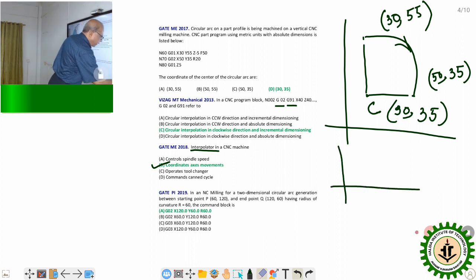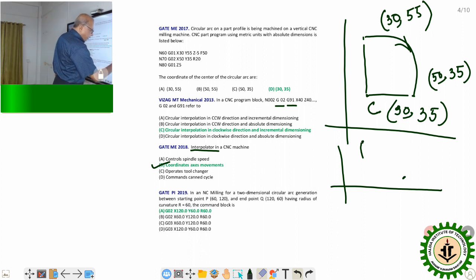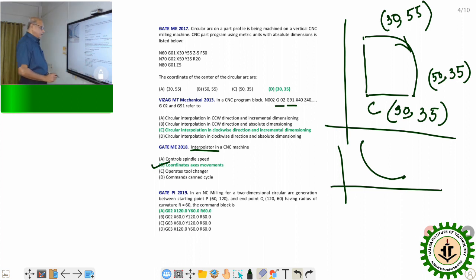So if you do once again, 60 120 will be somewhere here, I am not writing, and 120 60 will be somehow here. Once again, it is supposed to follow a curved path having a radius of curvature R60. So definitely the path will be something like this.